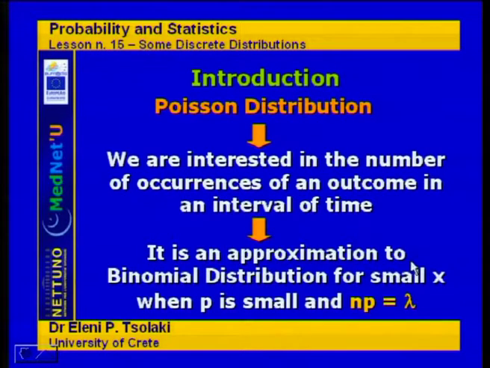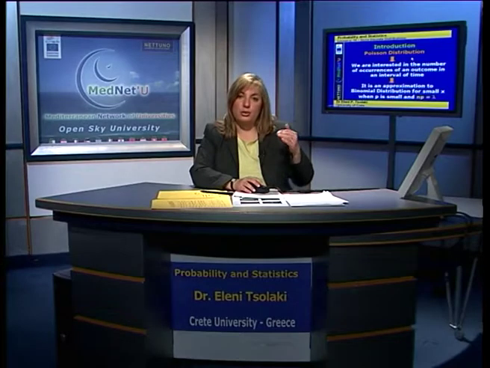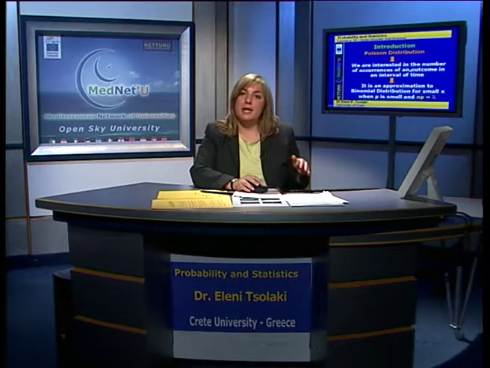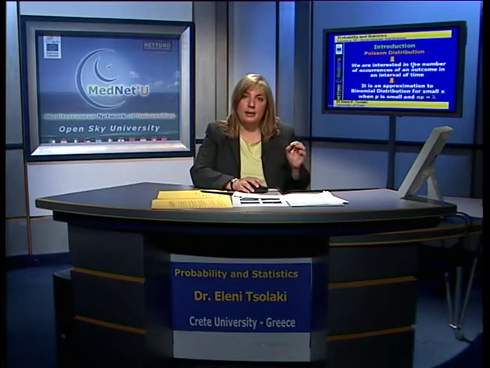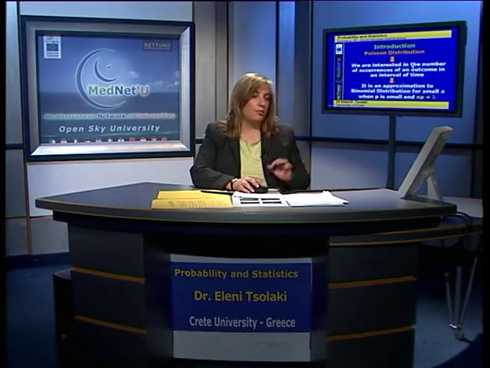It is an approximation to the binomial distribution for small x when p is small and n times p is equal to lambda, which is going to be a parameter of the Poisson distribution. We are going to see next what exactly lambda will be.